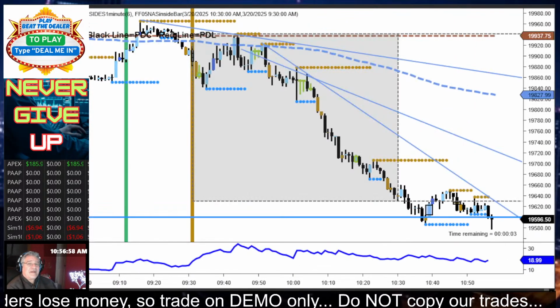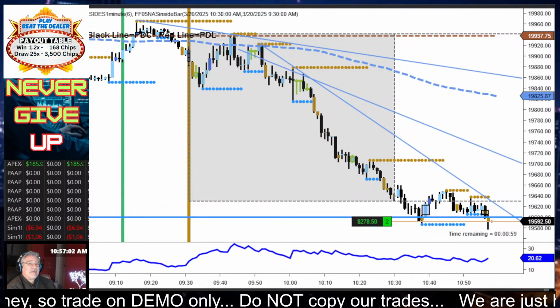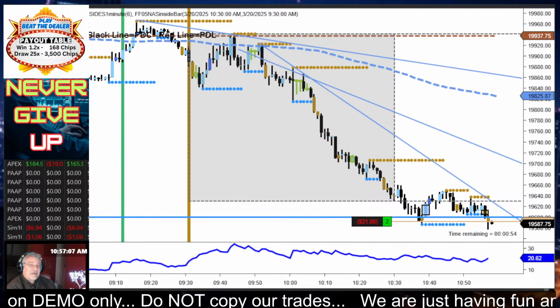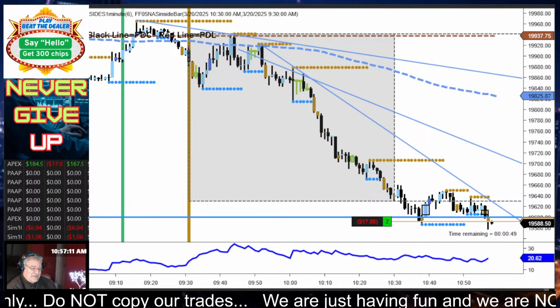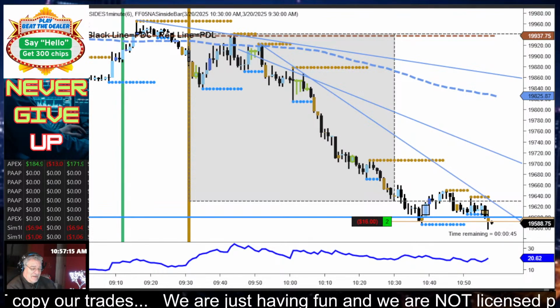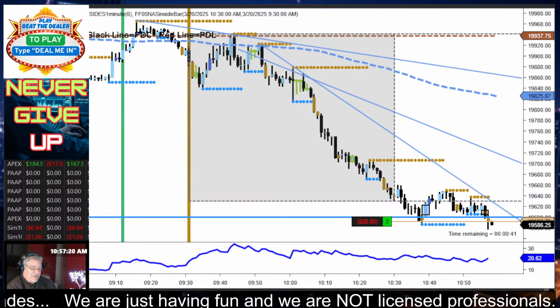Well, given we're at the 600, I do have an entry with a very tight stop, which I will respect if it hits. But I do want to see if we can get a bullish candle also on the 1 minute soon. It's a lot to hope for, so most likely I will get stopped out, but I'm willing to swing the bat on it.